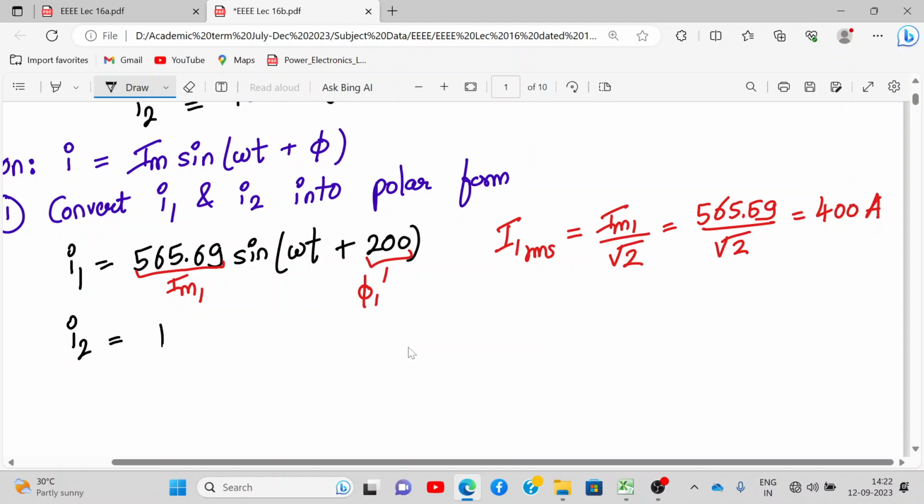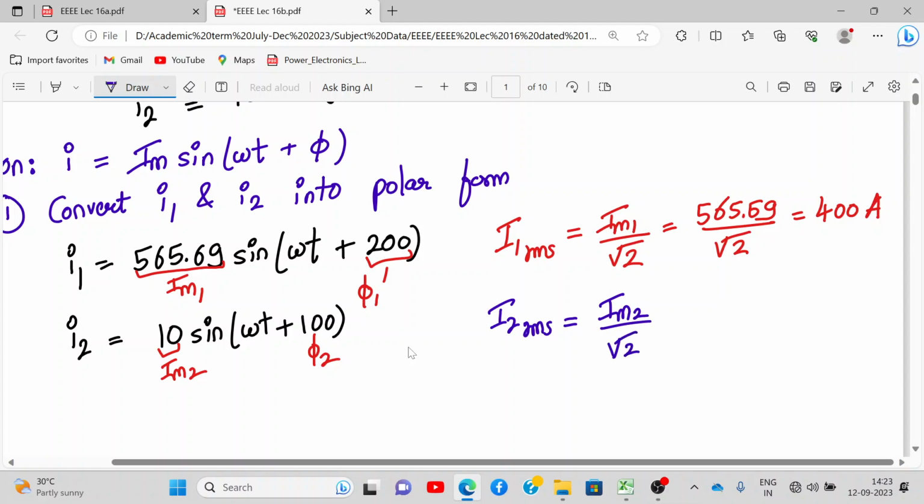So I2 is 10 sine omega t plus 100 degrees. So let's call this IM2, and this is 10. So please calculate now I2 RMS, which is IM2 by root 2, which will be 10 by root 2, which will be 7.07 amperes.